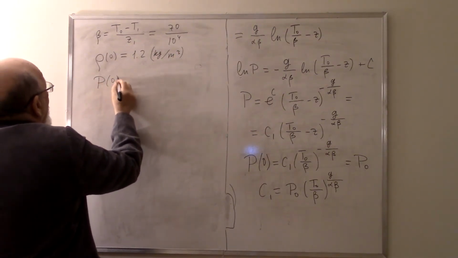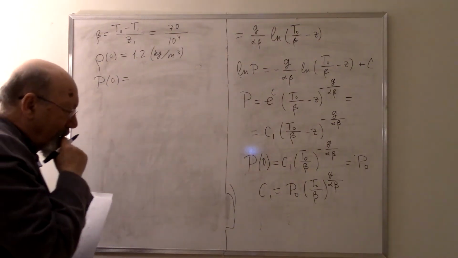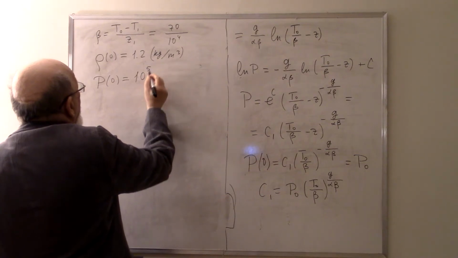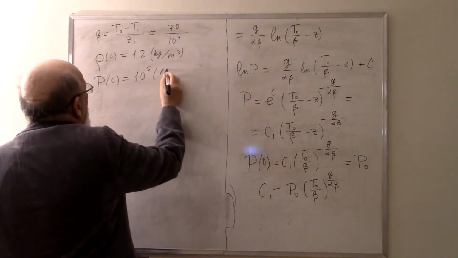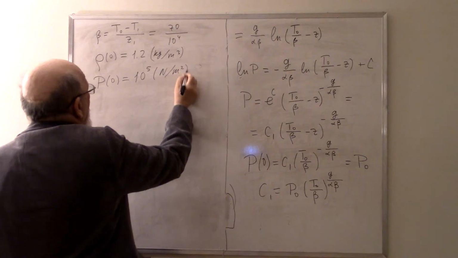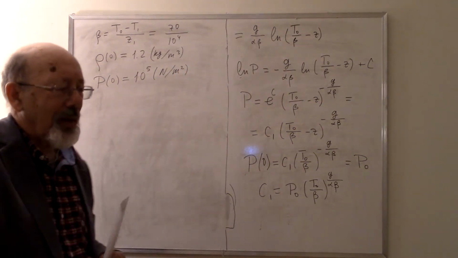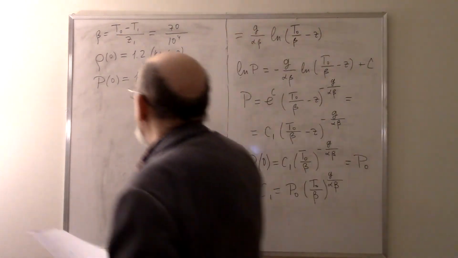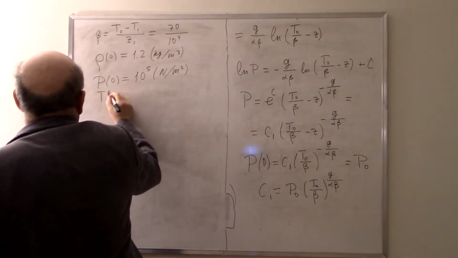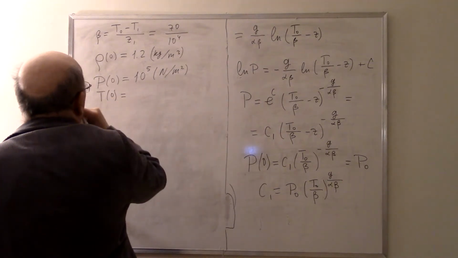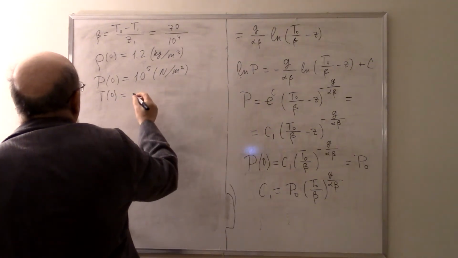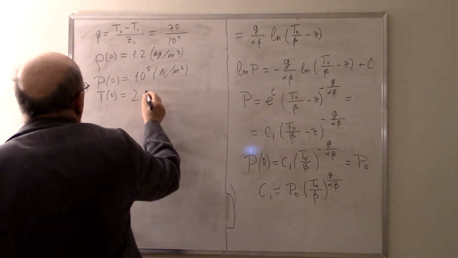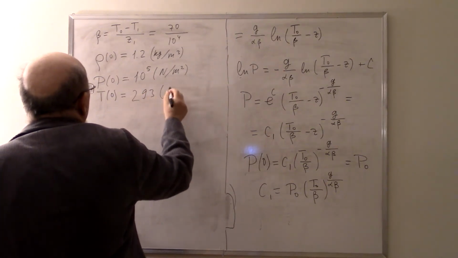P of 0 equals approximately 10 to the 5 Newton per square meter. And T of 0 equals 293 Kelvin.